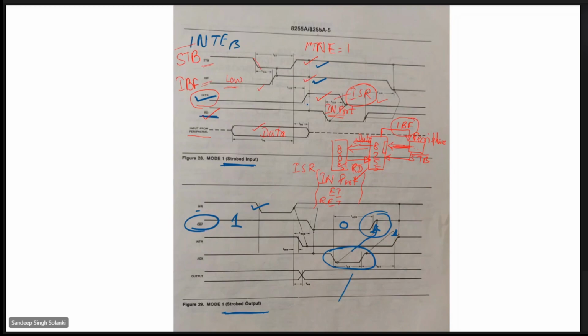Once the strobe is high and IBF is high, INT is high, then you get INTR high. Once INTR is high, it means now you are not going to attend the peripheral. You are going to talk with 8085 that I have got the data on my port. Please read. This information you are giving to 8085 over INTR.